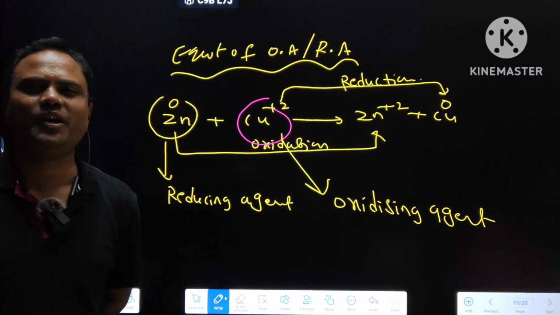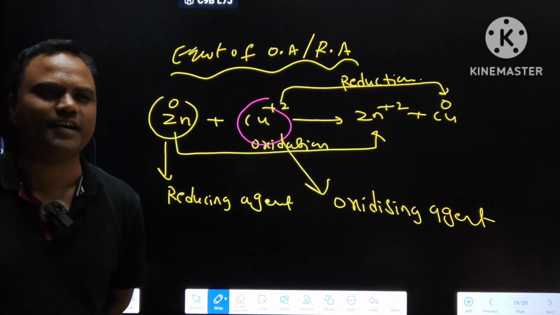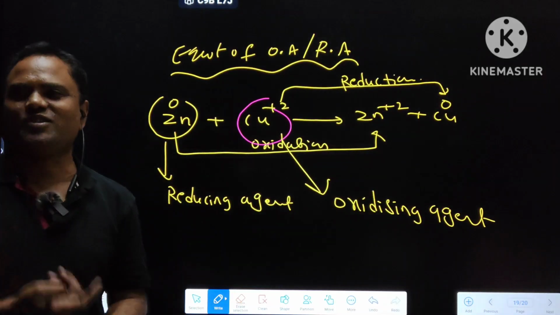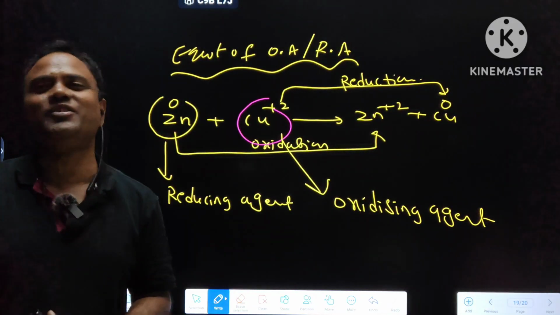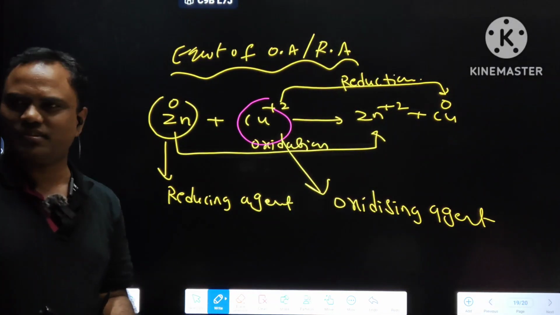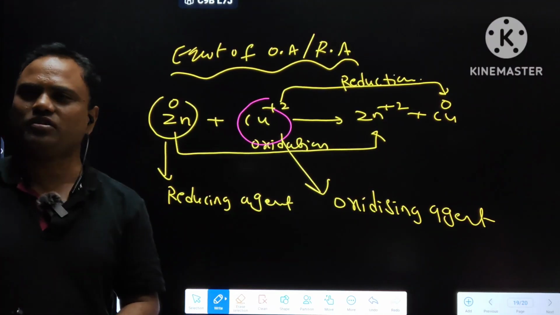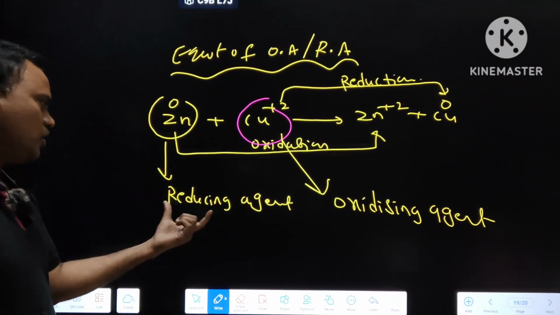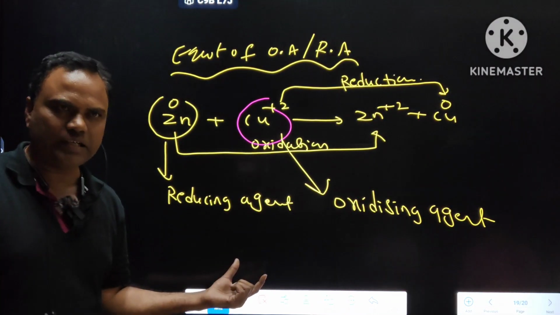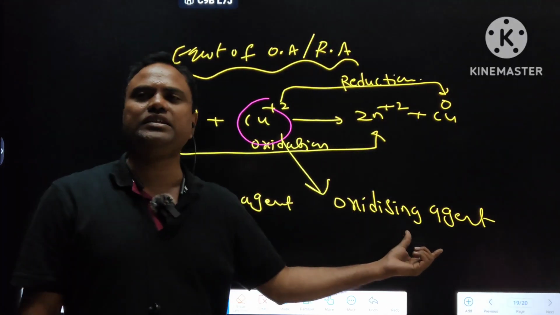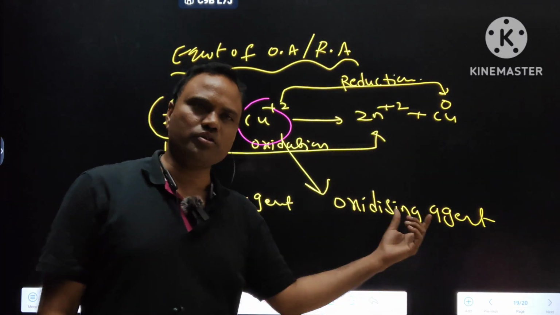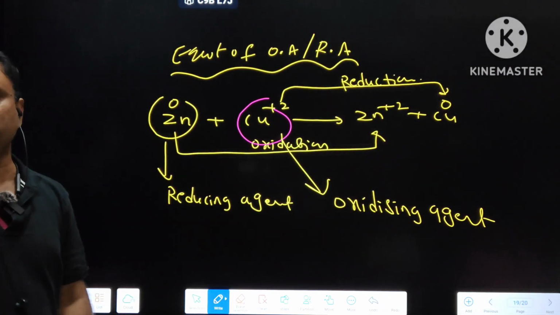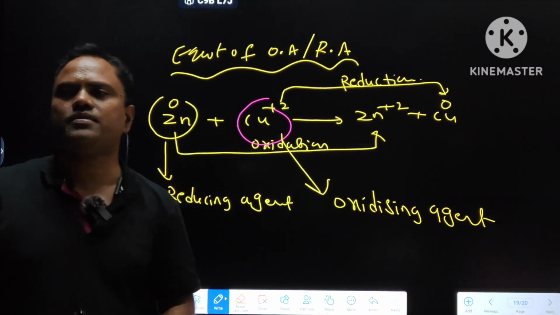What is the equivalent weight of the oxidizing agent in the following reaction? First we should find which is the oxidizing agent and which is the reducing agent. That's why I gave an introduction about oxidizing and reducing agents. Reducing agent is also called reductant, and oxidizing agent is also called oxidant.